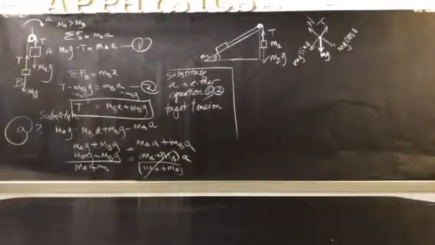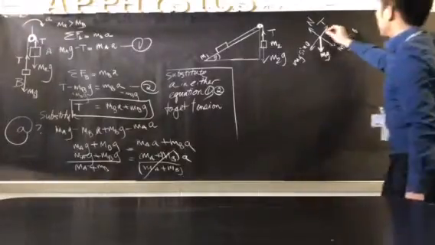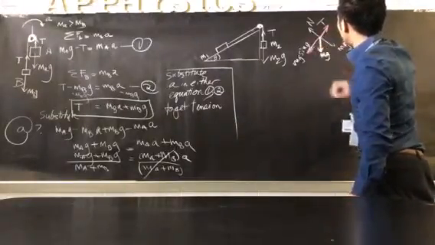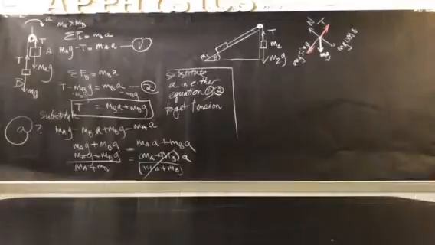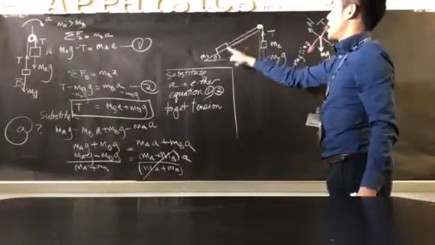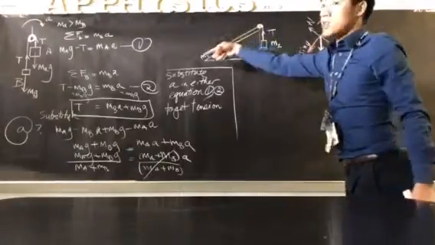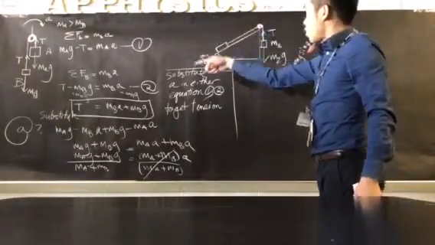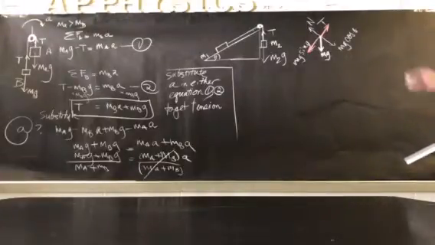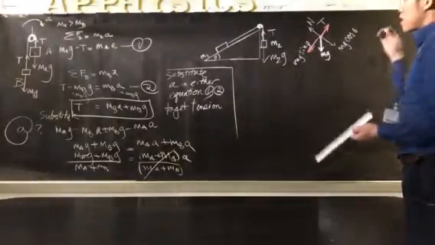Let's put it into a coordinate system. In the x direction, I'll put this one right here. So I have two different forces: the force due to the tension moving it up, and the force due to the weight trying to counteract the forces going that way. And since I have friction, the friction is trying to slow it down.